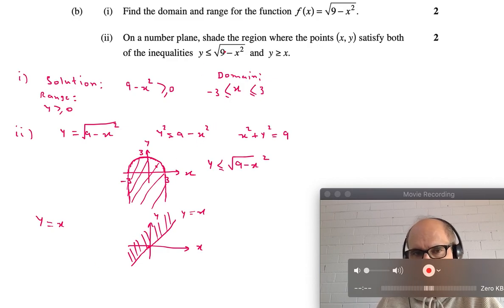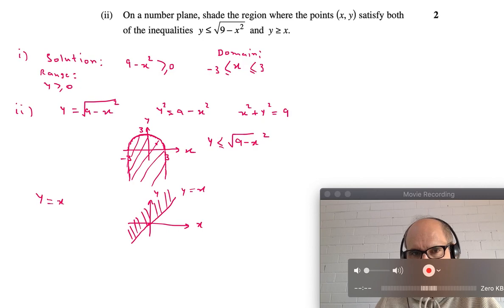Now if we want both of these inequalities to be satisfied, then we need to look at their intersection.